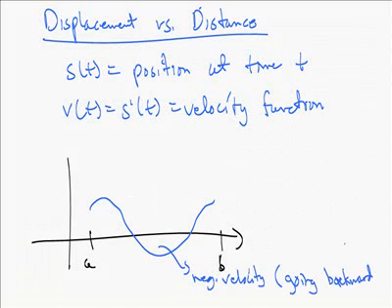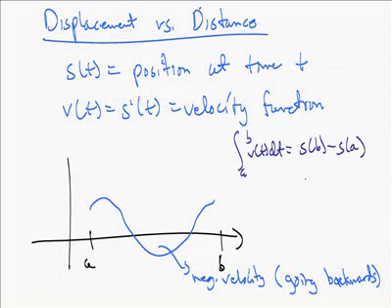Or you can think of it as maybe going right when velocity is positive and going left when velocity is negative. Well, if we take the integral from a to b of v of t dt, what did we say? We said that's going to be s of b minus s of a, which is really not the total distance traveled, it's going to be the displacement of the object.